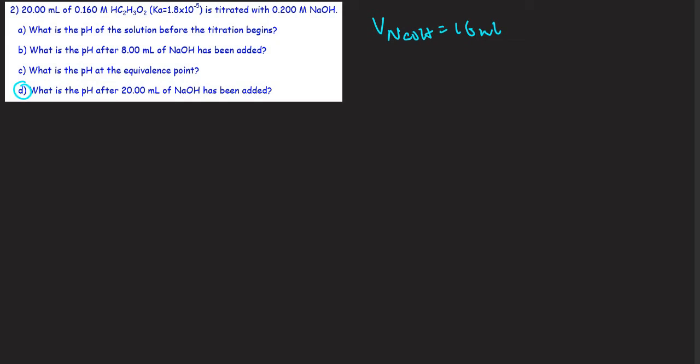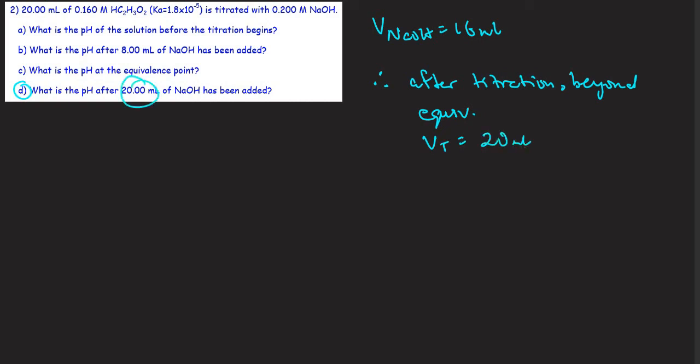That means after titration, at this point, beyond your equivalence, you have a new volume. According to this, it's 20 plus, well, we have 20 mL of base.